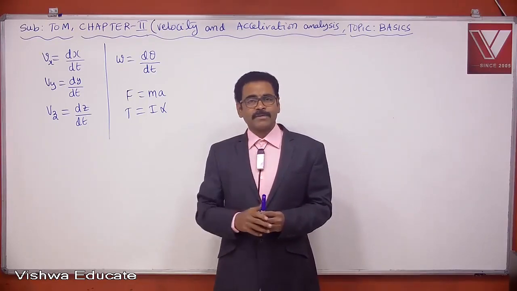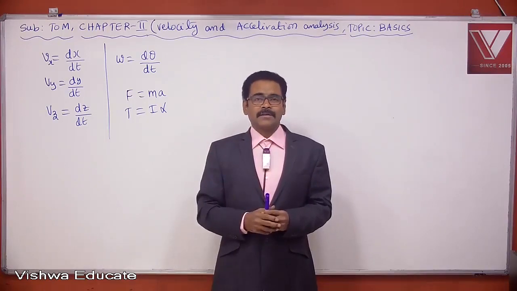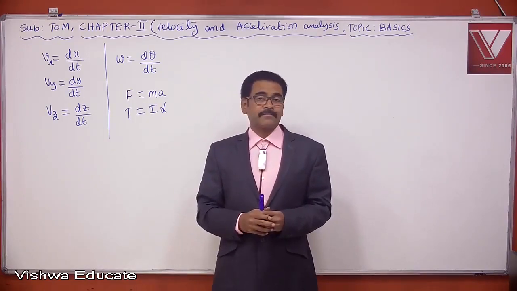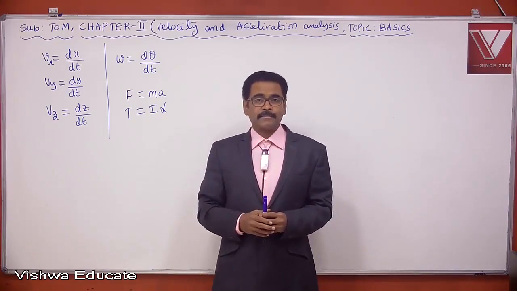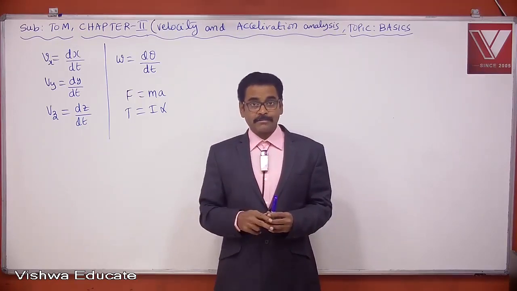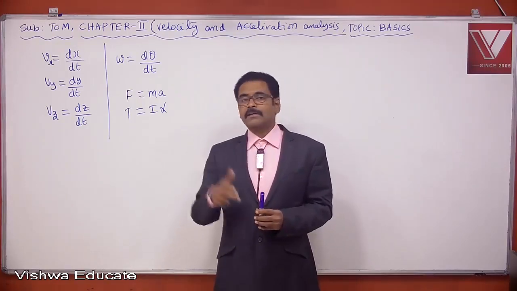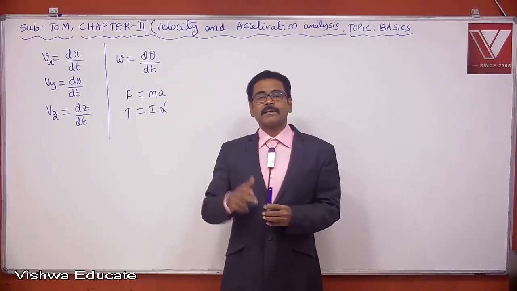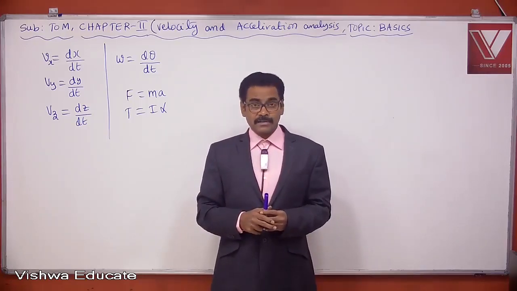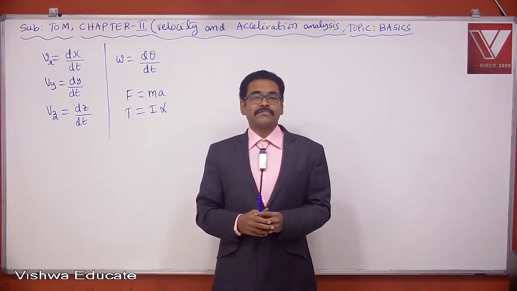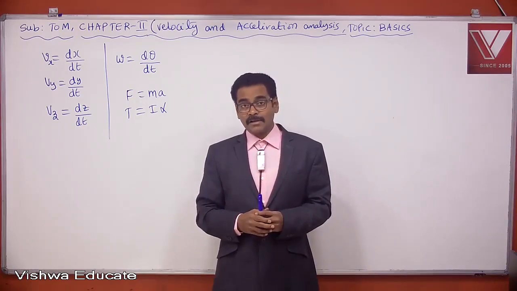If damping is present, what is the amplitude and how is it decreasing? If it decreases, is it decreasing linearly or exponentially? All these things we find in vibrational analysis.